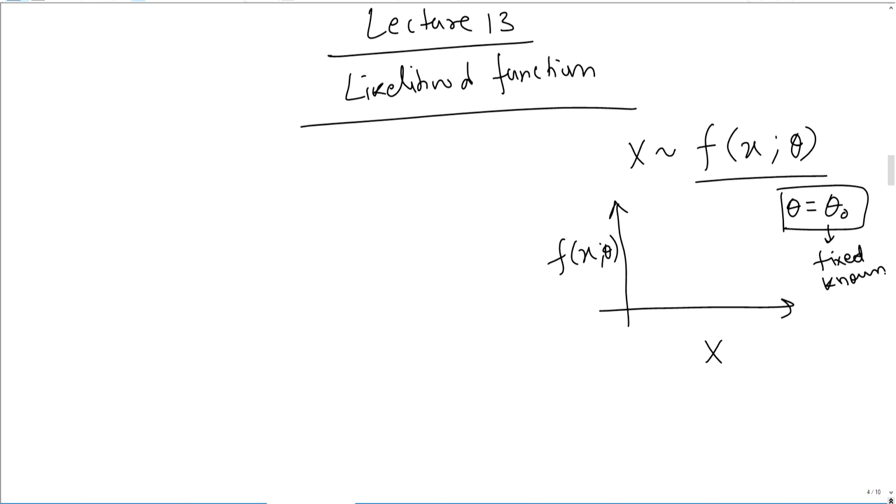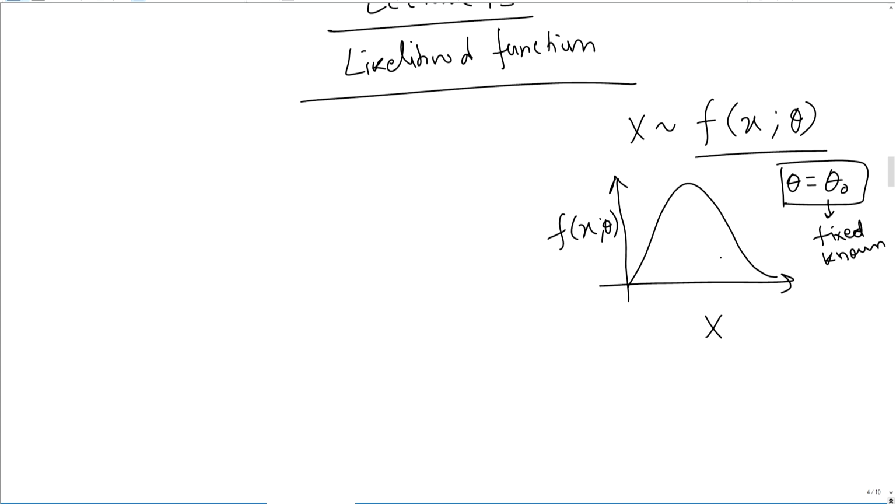So when theta is fixed and known, you can draw a graph between values of the random variable and the probability density function. This can also be called the graph of your assumptions. You are representing your assumptions about the random variable using this graph under some known value of theta.